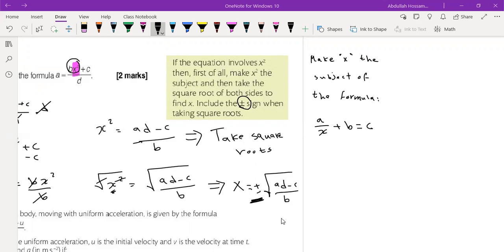Anyway, guys, here a over x plus b equals c. First of all, follow the steps. I said clear the fractions. So you need first to clear the fractions.